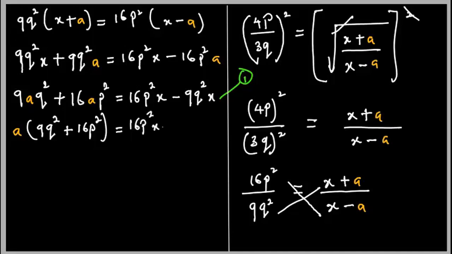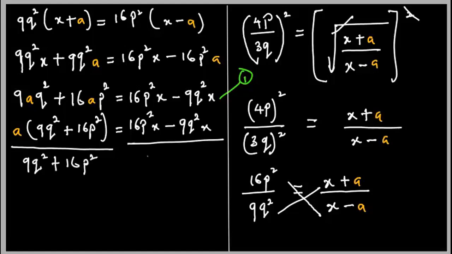It becomes 16p squared x minus 9q squared x. So obviously getting my a is now simple, because I'll divide this side by 9q squared plus 16p squared all over 9q squared plus 16p squared.